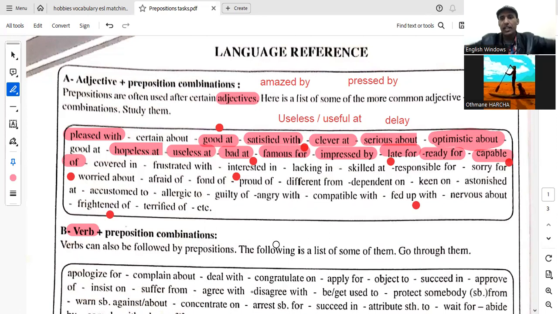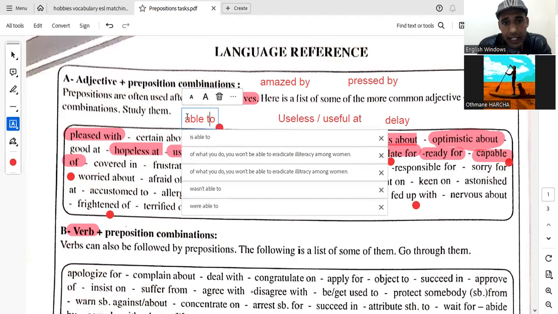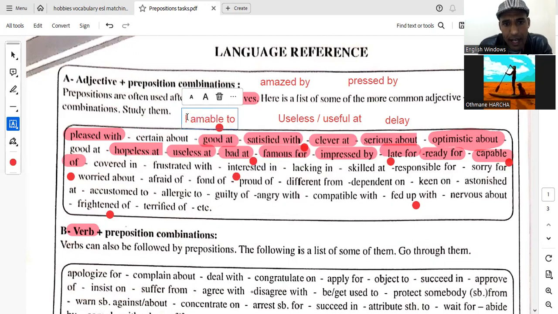Voilà, something that may be difficult, but même si elle est un peu difficile, tu peux le faire. So capable of means able to. En anglais, un autre mot, on dit able to. Remember this well. We say "I am able to." Je suis capable de faire quelque chose. I am able to drive the car.